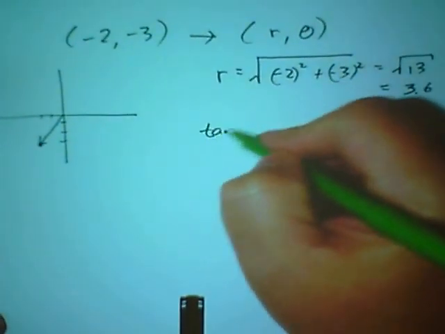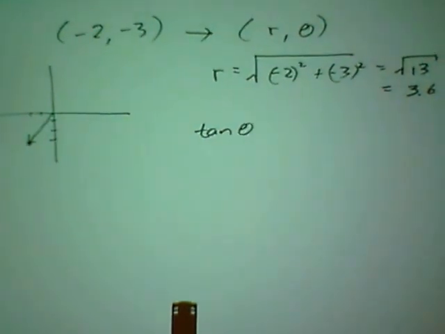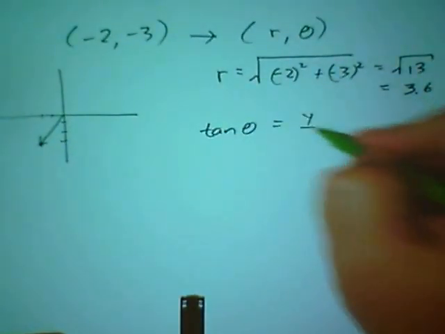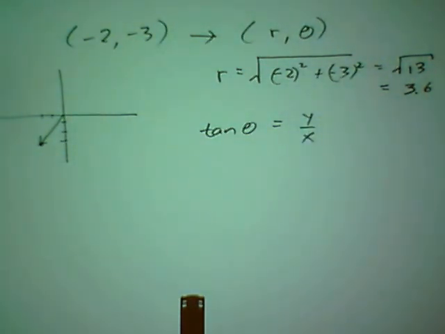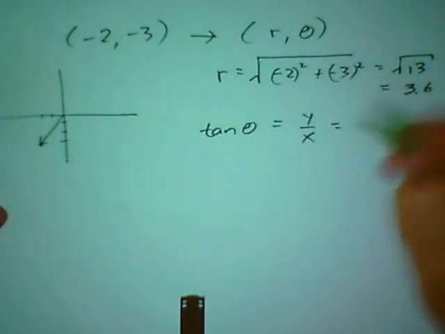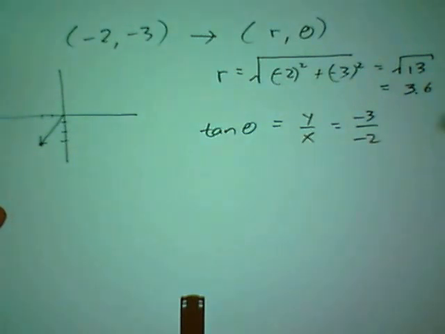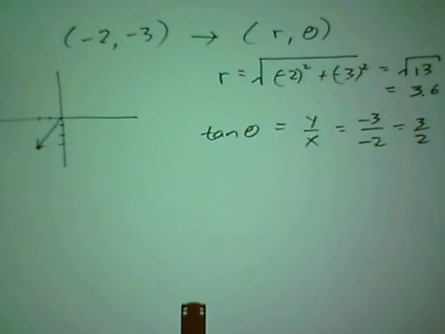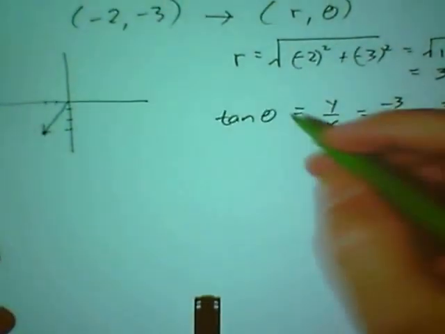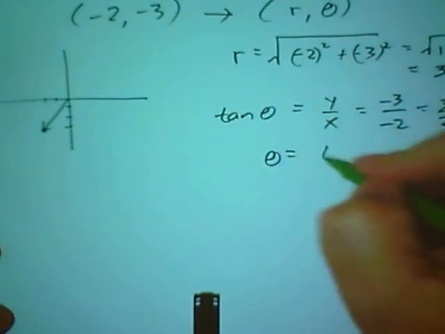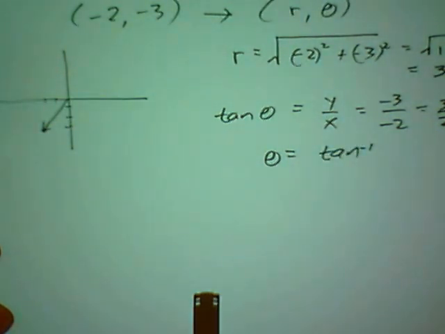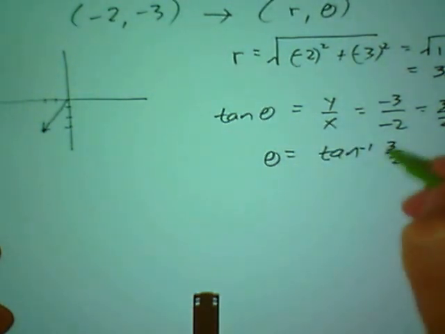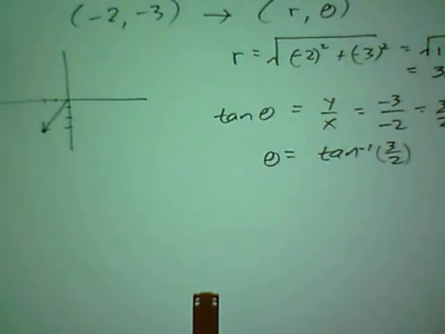Now, what's the angle going to be? We've seen this before. Tangent of theta, we can think of as y over x. In our case, minus 3 over minus 2, which is 3/2. Now, if I want to know theta, then I'm going to take the inverse tangent of 3/2.